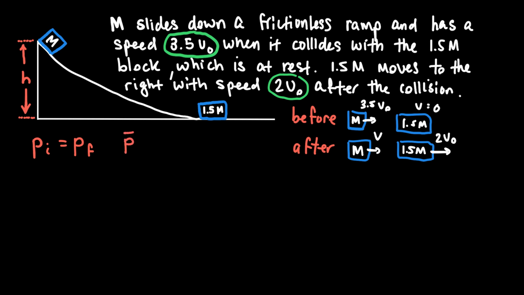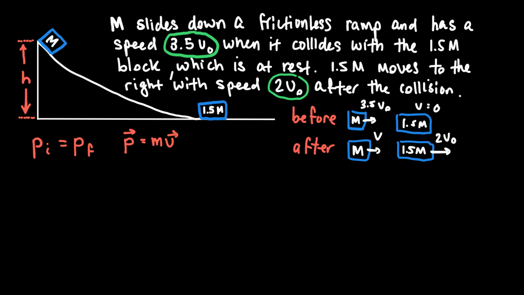Momentum, in general, which is a vector, is equal to mass times velocity. And so before the collision, I need to decide how much momentum is there, which boxes are moving, which boxes have momentum. The way that I do that is I will write m times v for everything that's moving, and I will plug in what its mass is and what its velocity is. Initially, right before the collision happens, the block with mass m is moving with a speed of 3.5 v0.